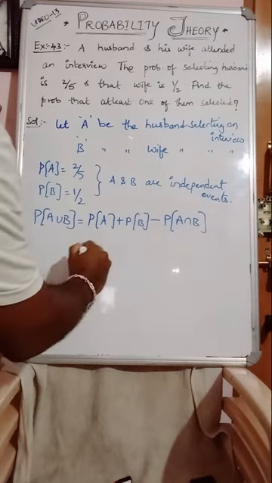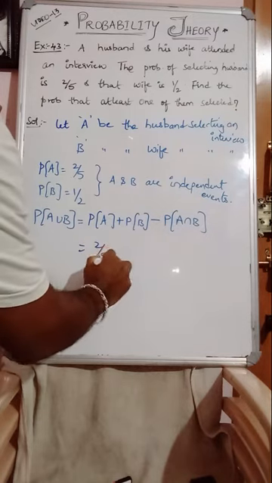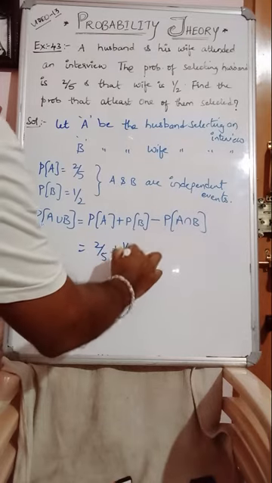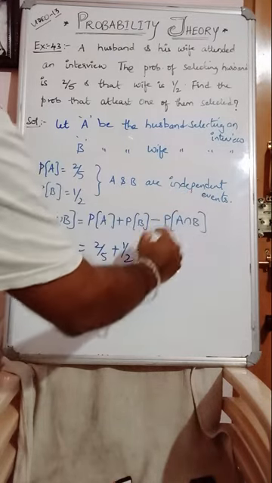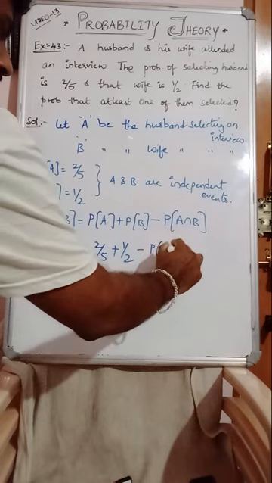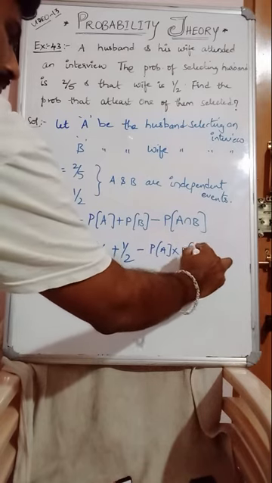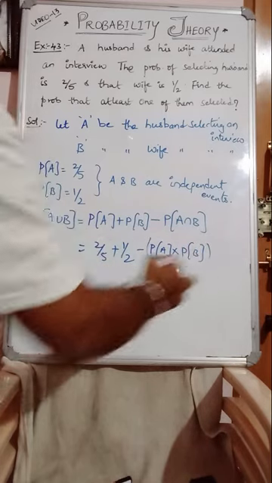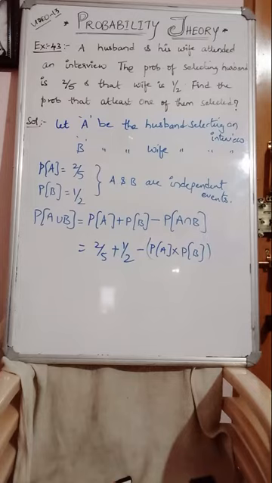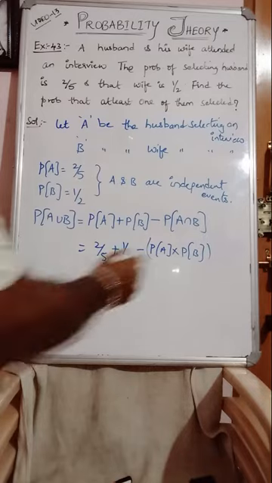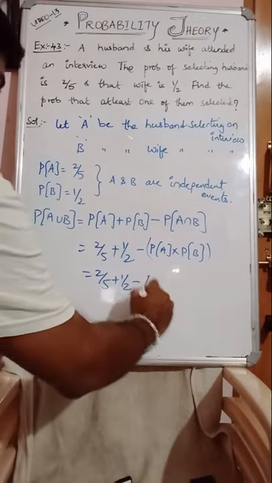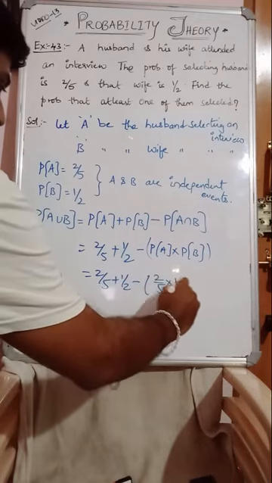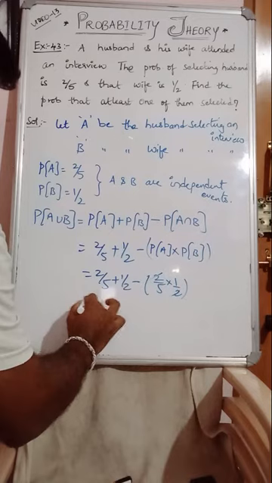So P of A is 2 by 5 plus P of B is 1 by 2 minus, when A and B are independent events, what is the formula? You understand, guys? Here A and B are independent events. Then it is 2 by 5 plus 1 by 2 minus 2 by 5 into 1 by 2. So the 2s cancel.